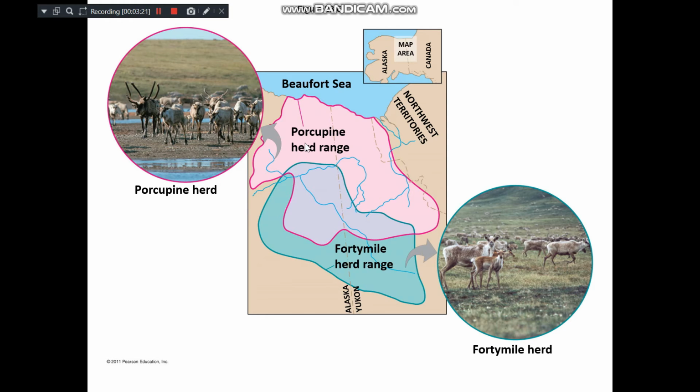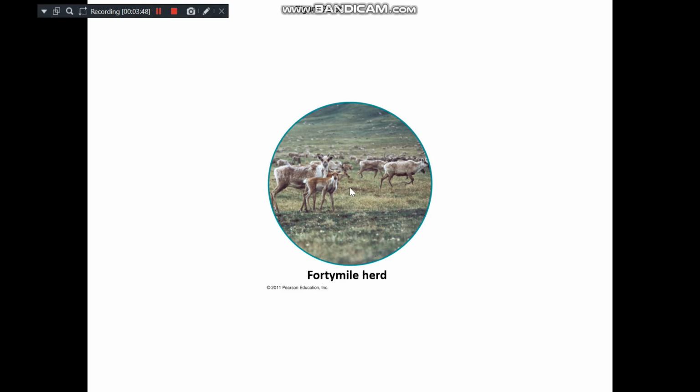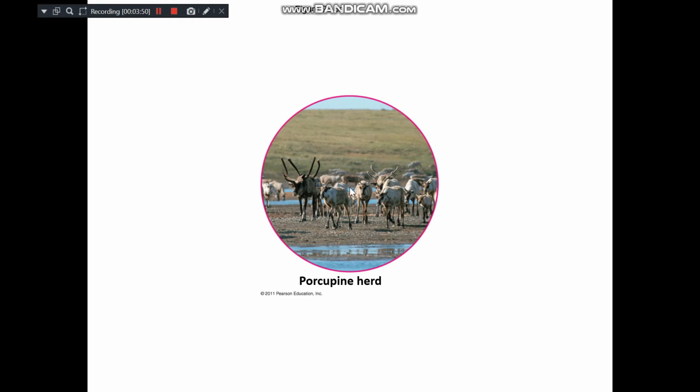They are of the same species, but they are two different populations in two different geographical ranges. The gene pool of this herd is different and the gene pool of this herd is different. That's why you can see the differences, because the genes shared by them are different. This is known as the Porcupine herd. This is known as the 40-Mile herd. I hope you can see the differences.